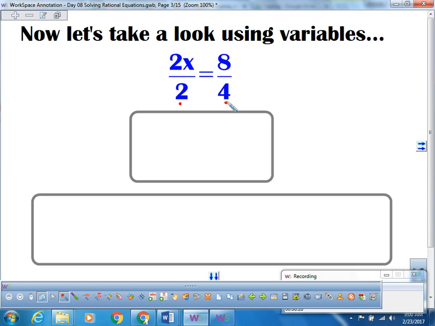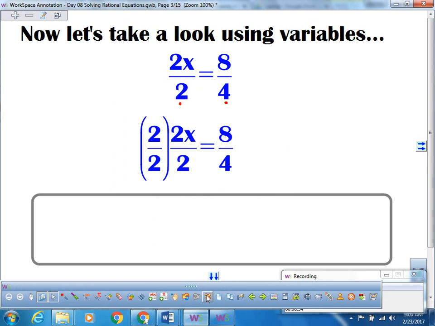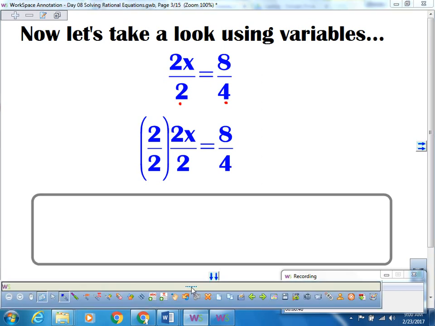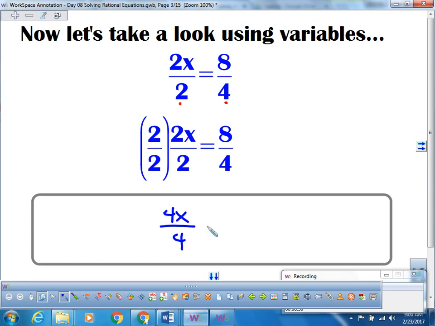Matthew? Multiply by 2 over 2. Right? I'm going to multiply by 2 over 2. So then I'm going to get 4x over 4. Correct? I'm going to write this out. So I'm going to get 4x over 4 equals 8 over 4.